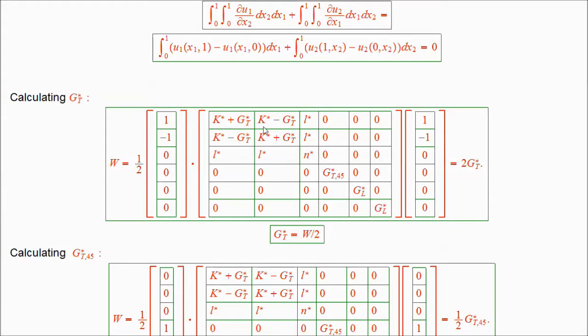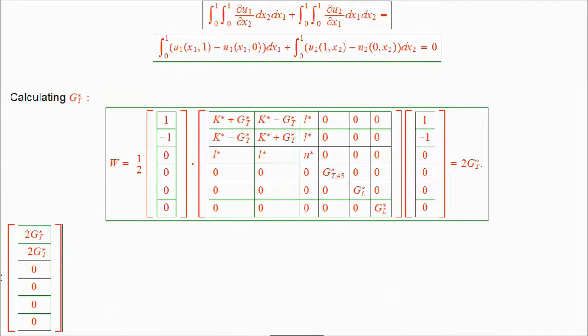Then multiplying this matrix with this vector, I get this vector, 2 GT star in this position and minus 2 GT star in this position, and taking the scalar product of this vector with this vector 1, minus 1, 0, 0, 0, 0, I obtain 1 times this plus minus 1 times minus this, and this will give me 4 GT star, and multiplying this with 1/2 I obtain 2 GT star.